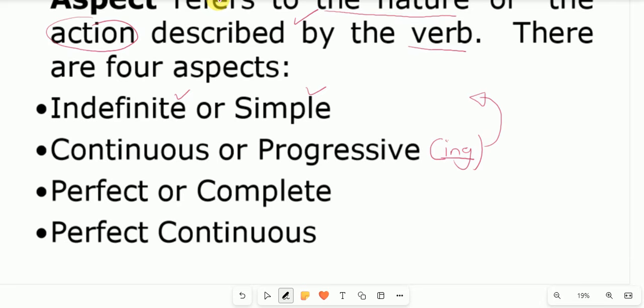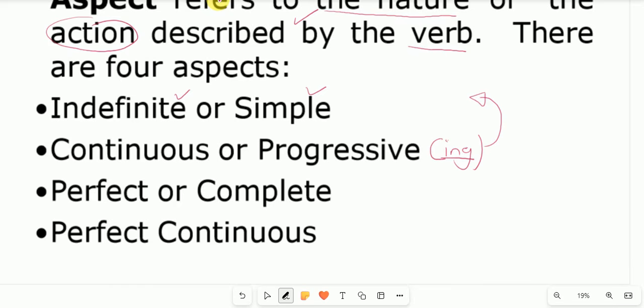Hence, we say that the simple present tense does not indicate the period in which the action takes place or when the action will end or whether the action is continuing. We call them simple present tense. Now, the contrast between the two is that with a continuous, we are certain that this action is progressive or continuous when we see the verb ending with what?